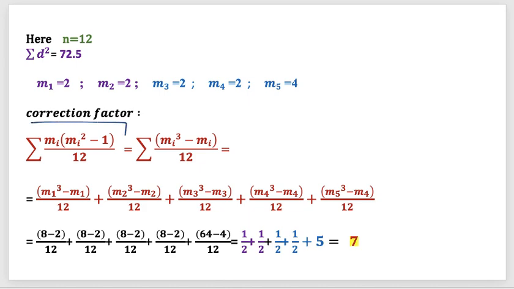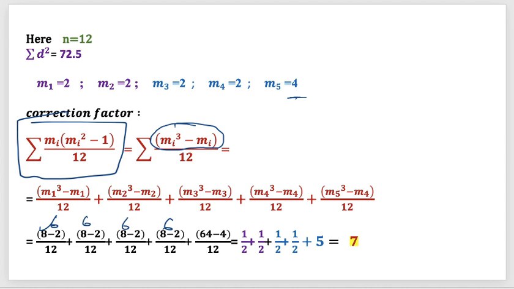This is the formula for finding a correction factor, taking a sum of m(m square minus 1) upon 12, and even if you want to simplify, in the numerator it can be rewritten in this form. So we are going to plug in all the values and add up. Since 4 values are 2, 2, 2, and the last one is 4, when we cube the 2 it is 8, and 8 minus 2 is 6. So the numerator is 6 for the first 4 terms.